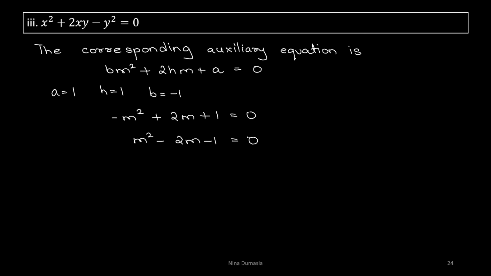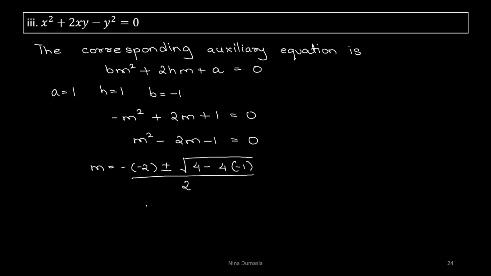We have to find its roots, okay. So this is given as m is equal to minus b, so I am using the b square minus 4ac formula. So this will be minus of minus 2 plus minus square root of minus 2 the whole square is 4, minus 4 into ac which is minus 1 into 1, divided by 2a.